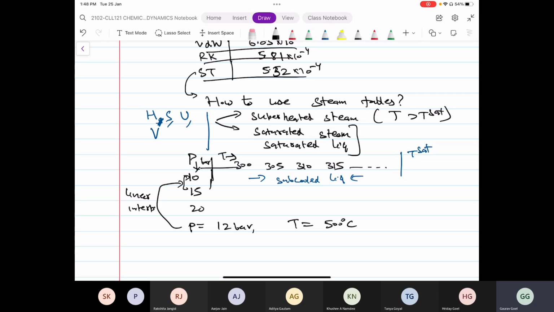The required value could be for V, H, S, or U. Any of those values, you will do a linear interpolation between these 2 points to calculate the value. And that's what was done here also. This exact state point, 68 bar and 300 degrees Celsius, is not available, so I have done a linear interpolation between these 2 points. So that is how you can use a steam table.